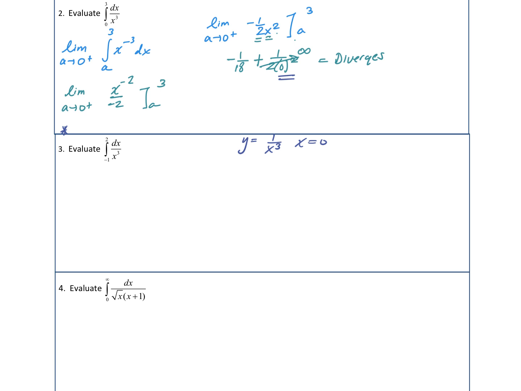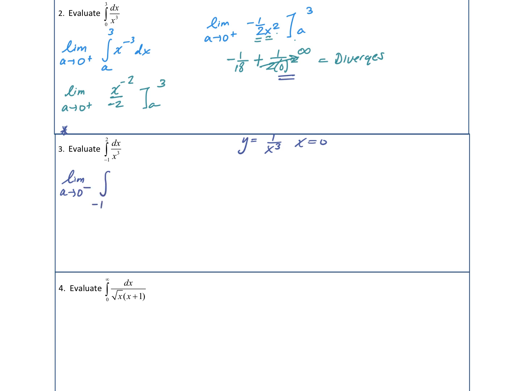I'm going to start with a. So we go from negative 1 to 0, again, 0 to 2. So I start off on the left-hand side of 0. So it's a goes to 0 from the left-hand side.